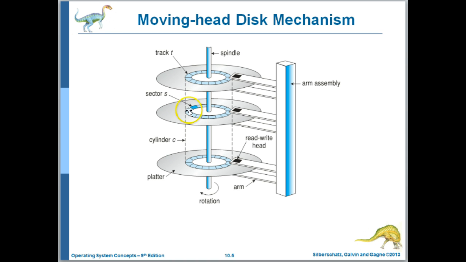As you can see, all the tracks of a particular distance from the center of the disk are grouped into what's known as a cylinder. So all the tracks on a particular cylinder can be accessed at the same time.